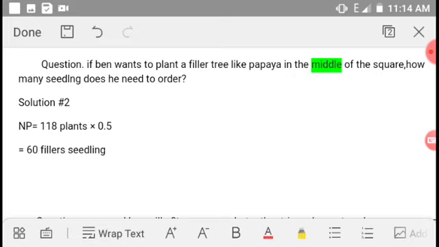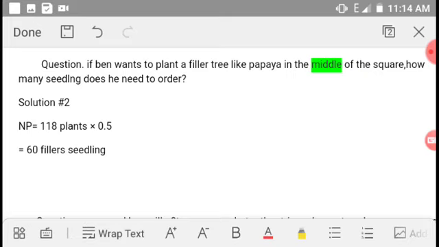Kaya, ang gagawin lang natin dito, di ba na-compute na natin yung number of seedlings or number of plants, i-times 50% lang natin siya or 0.5. Kasi yung 50% pag kinonvert mo siya sa decimal, magiging 0.5 siya.